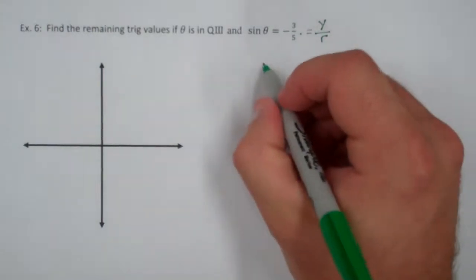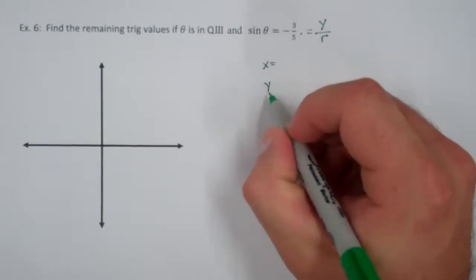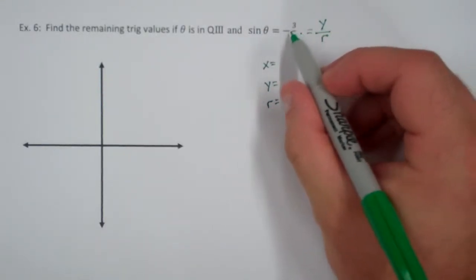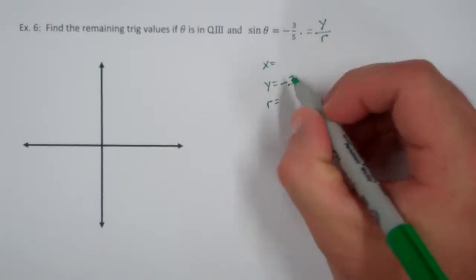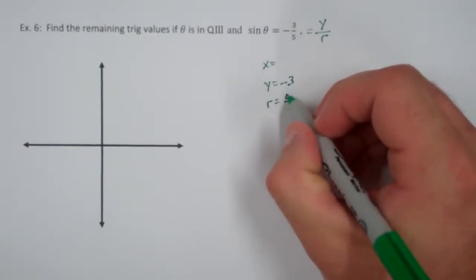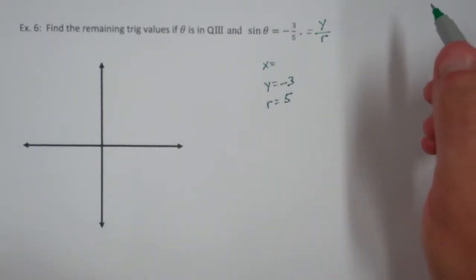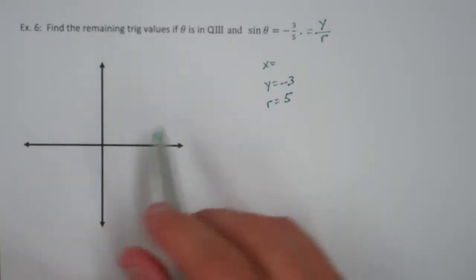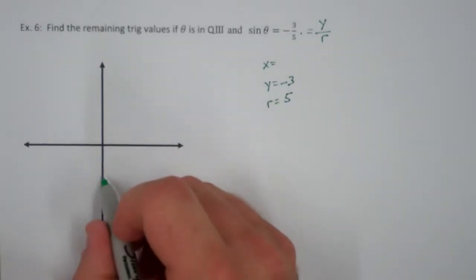That's the y. So if we begin by setting up x, y, and r, we said that y was negative 3. R is always positive. It's 5. If we try to plot this, we've got a couple different choices. The radius has to be 5 and y has to be negative 3.